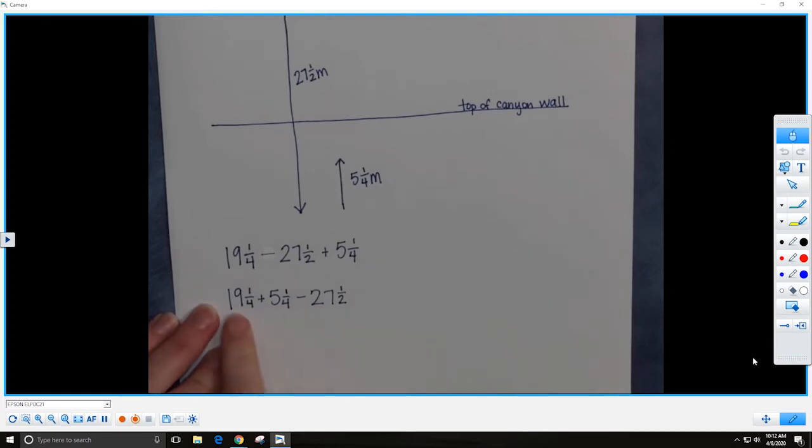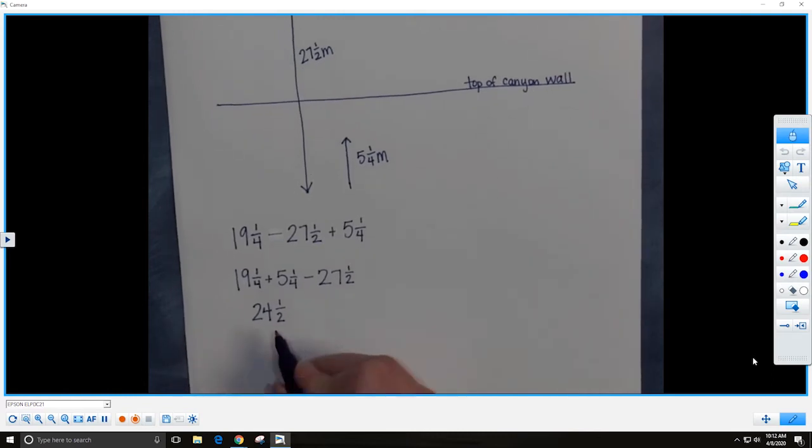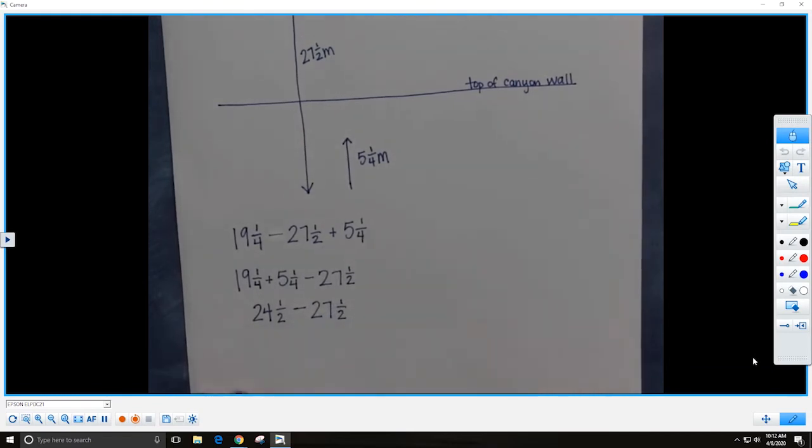So when I add 19 1/4 plus 5 1/4, I get 24 2/4. Remember that 2/4 is the same as 1/2. So 19 1/4 plus 5 1/4 is 24 2/4, which is 24 1/2. And then we're going to be subtracting the 27 1/2. So what is 24 and 1/2 subtract 27 and 1/2?